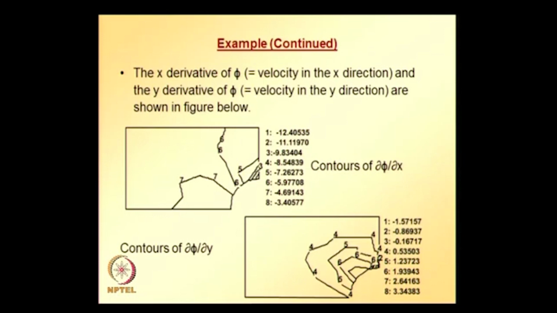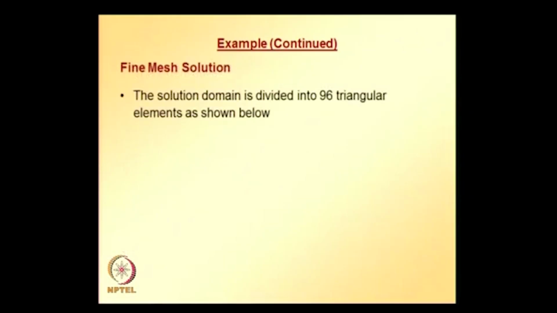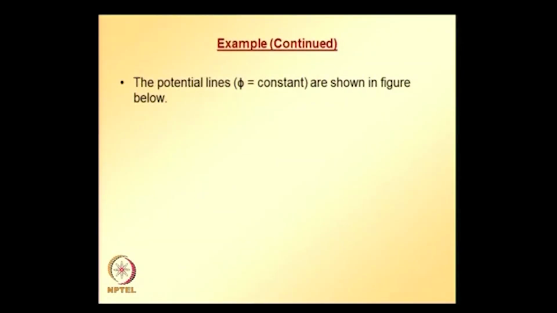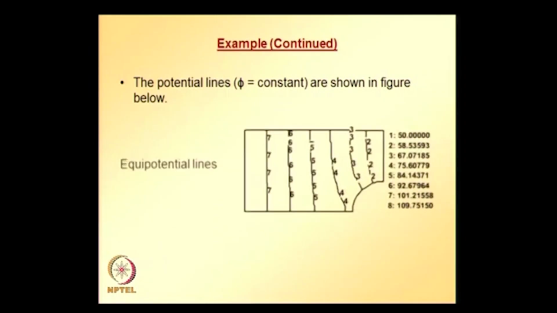As we did earlier, we can actually go for finer mesh. The solution domain is divided into 96 triangle elements. The mesh is shown here, and the potential lines or equipotential lines obtained using 96 triangle elements.